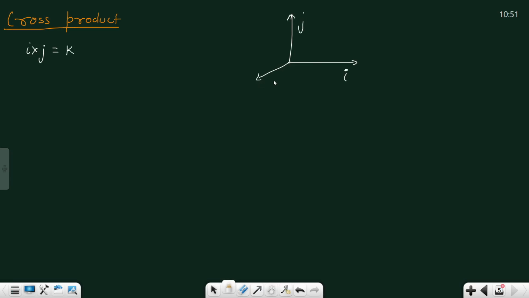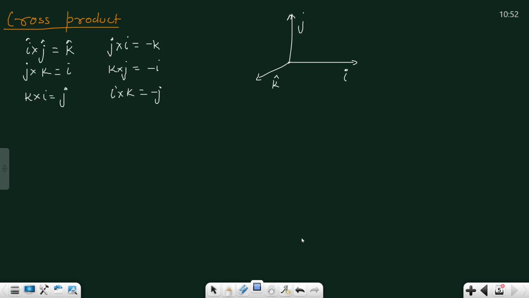Use your right hand and give the direction. i cross j will give you k. j cross k will give you i. k cross i? j. And j cross i? Minus k. And k cross j? Minus i. i cross k? Minus j.